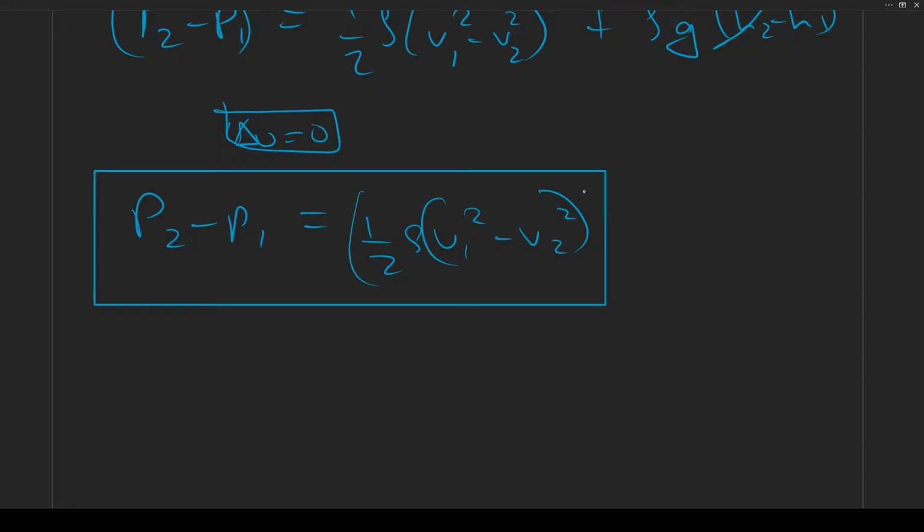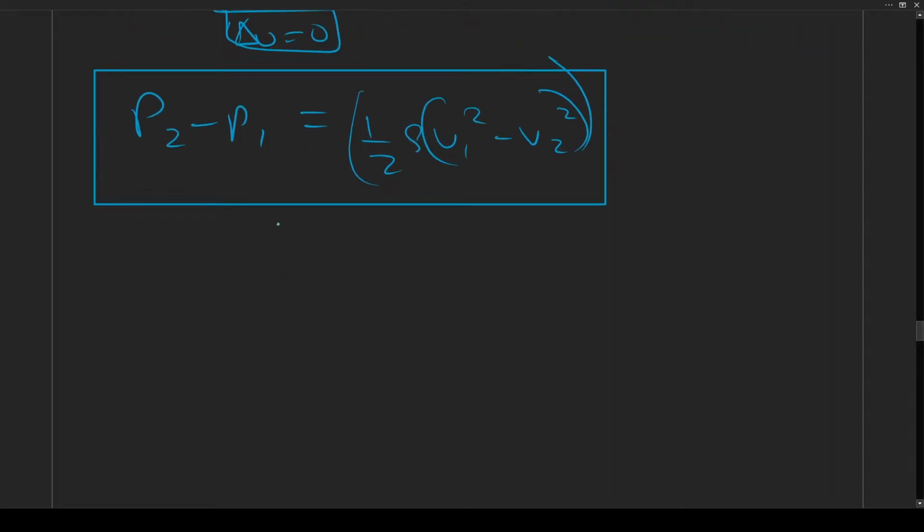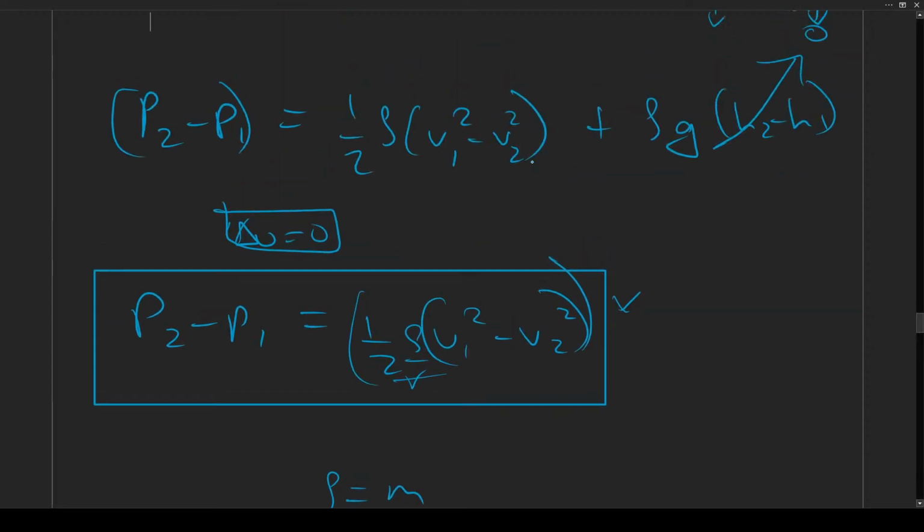A special way to call this is kinetic energy per unit volume, because rho equals mass by volume, so we can multiply it with volume. This becomes kinetic energy times volume, which is basically kinetic energy for unit volume of water.